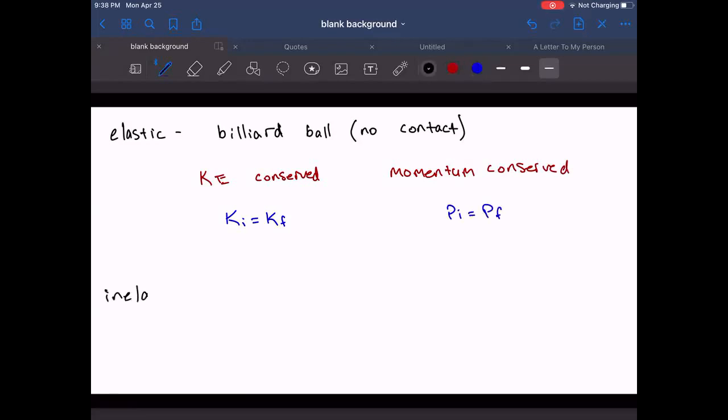And then inelastic. Think like the one you looked at was the train. Remember the train car and they got attached, or Velcro, like they stick after collision. Stick after collision. And that's pretty clear. I mean, billiard balls, they obviously don't stick. And then you would say KE not equal.